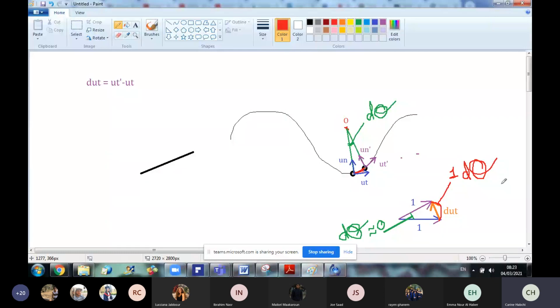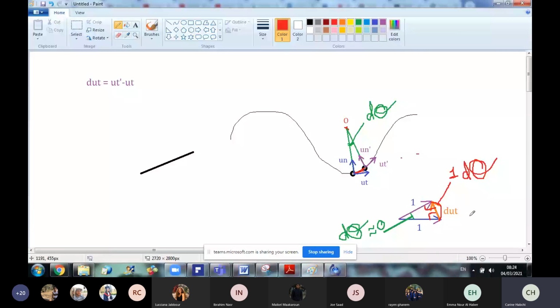I still need to talk about the direction. We said that this is an isosceles triangle and that this angle is nearly 0. So what will be the angle here? Because it's an isosceles triangle, there are two equal angles, and because this angle is nearly 0, the angle between dUT and UT is 90 degrees.